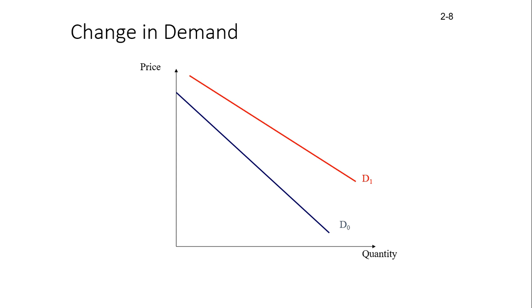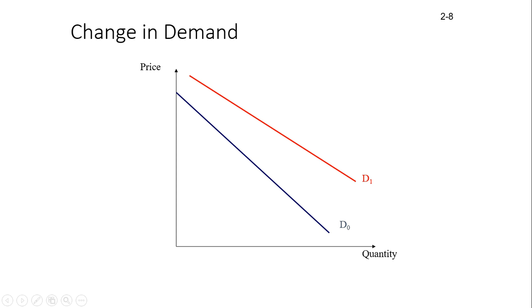So here's the situation where initially you had this as your demand curve, but now after a change in certain variables, your whole demand curve has shifted. The original one is the blue one, but now you have the red one. So in this case, there has been an upward change in demand.